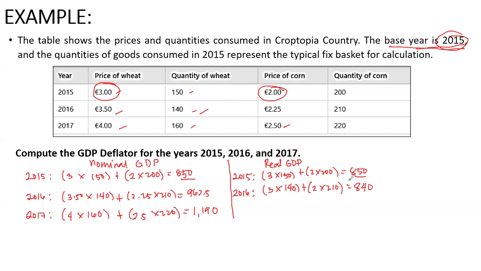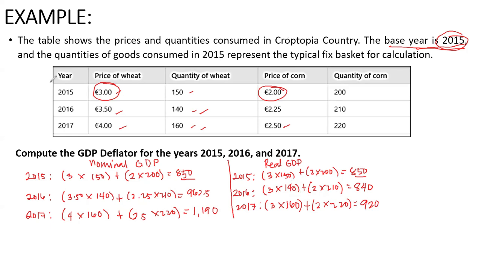Okay? Next, in 2017, we have 3 times 160 plus 2 times 220, which gives us 920. So we already have the real GDP.